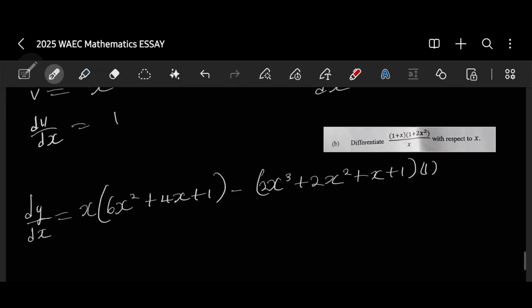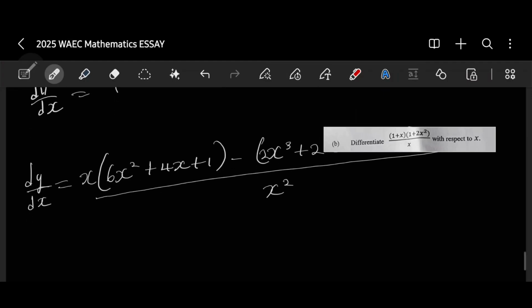We divide this by v squared, which is simply x squared because v is x.